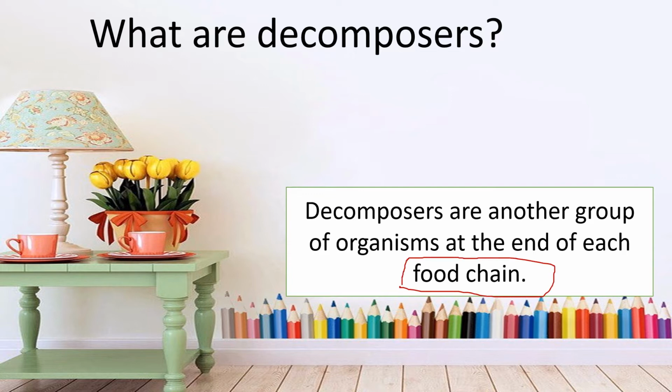When we say food chain, this shows the relationship between producer and the consumers. Okay, and again, the decomposers are mostly at the end of each food chain. So on the next slide, I will be giving you an example of decomposers.